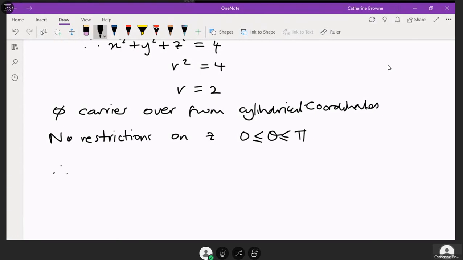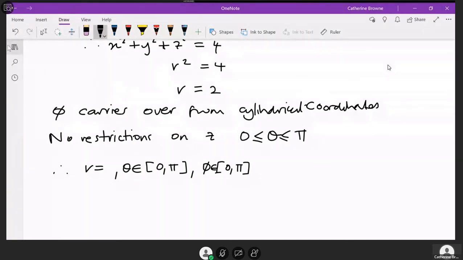So r equals 2, theta is from 0 to pi, and phi is also from 0 to pi. And so that's the surface in cylindrical and spherical coordinates.